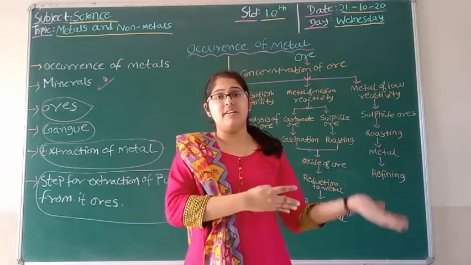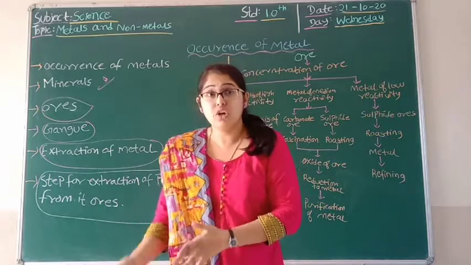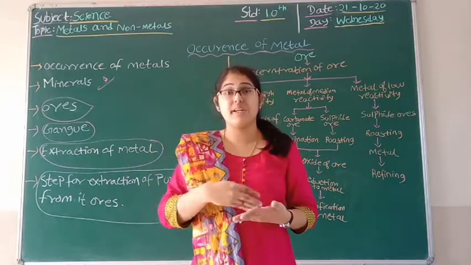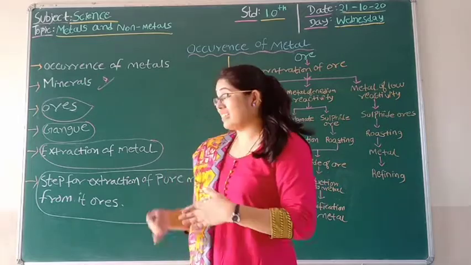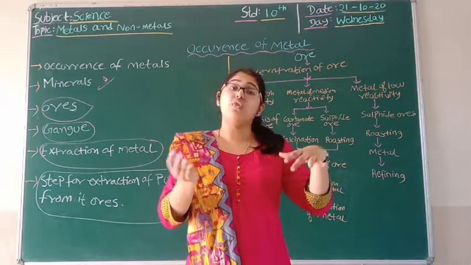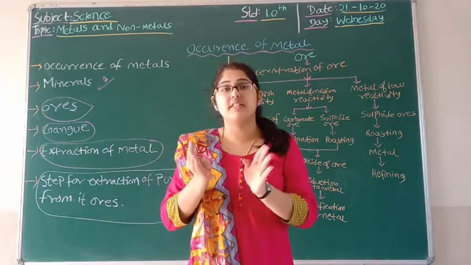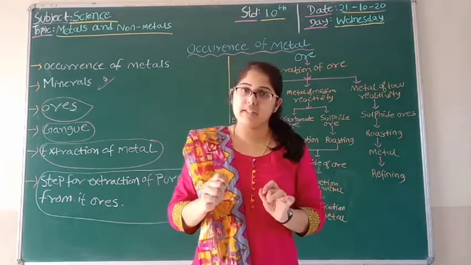Some are highly reactive, some are moderately reactive, some are low. So in that case, what steps must we follow to extract the metal along with their reactivity? For that, we will understand this process step by step with the help of a flow chart.